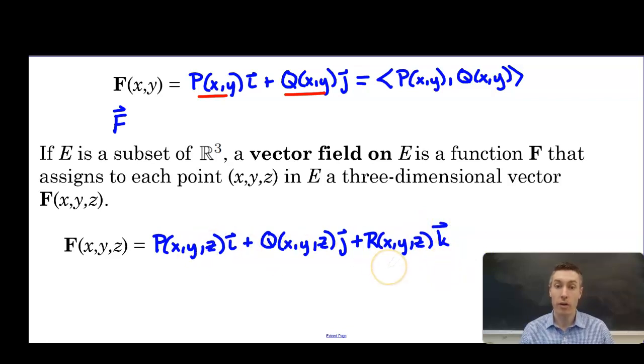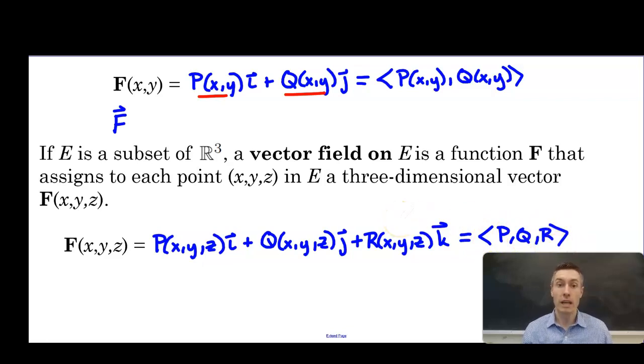So now our scalar functions P, Q, and R are in terms of x, y, and z. They define the i, j, and k components of the vector field. And with vector brackets, we're just going to write ⟨P, Q, R⟩ to simplify things here.